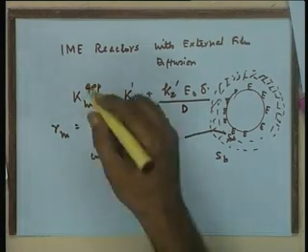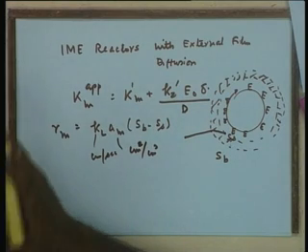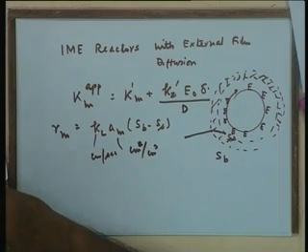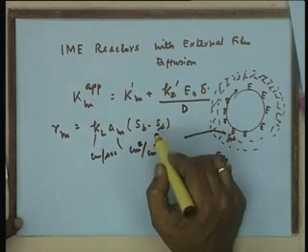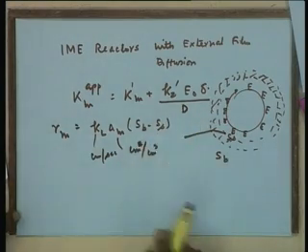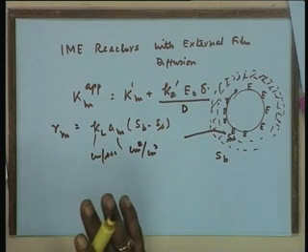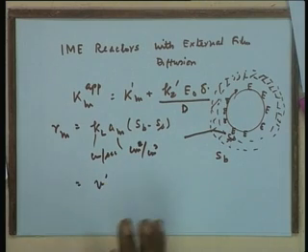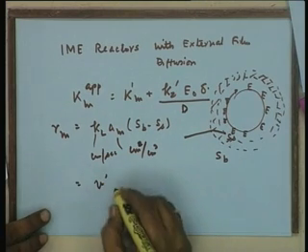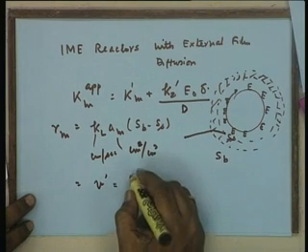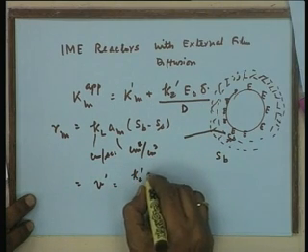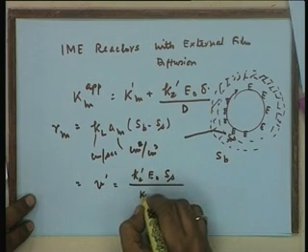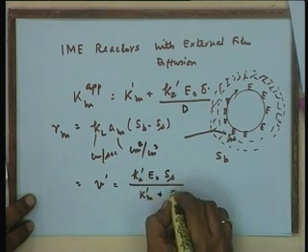So, overall your KLAM will have a unit of per second, a typical first order rate constant, and SB minus SS is the concentration gradient across the thin film. Now, this under steady state conditions must be the same as the rate of reaction, and that here is K2' E naught SS upon K'M plus SS.